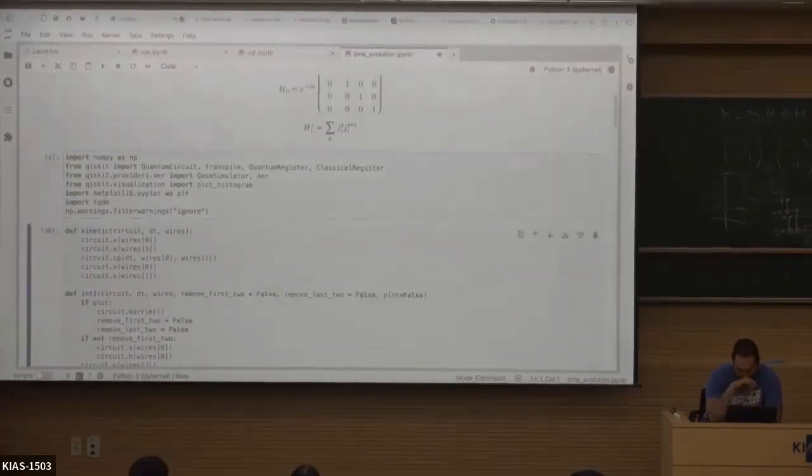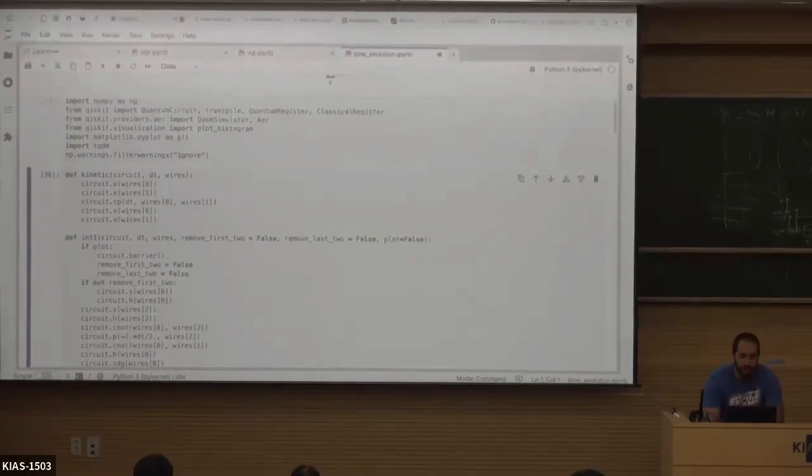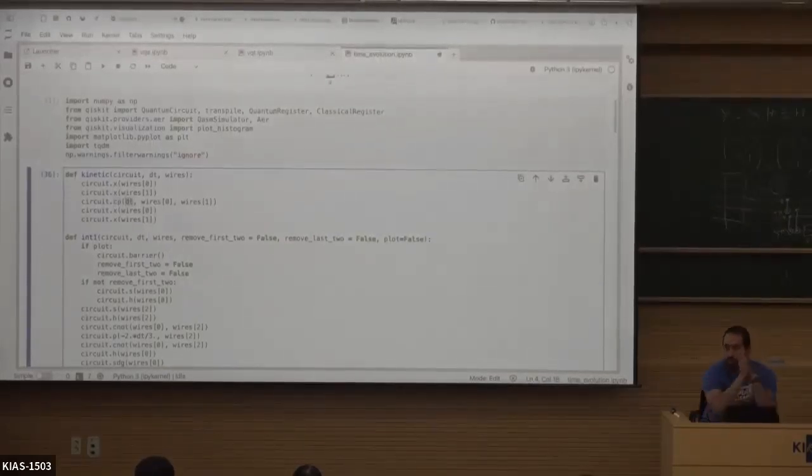So I'm going to run the entire thing, and as you can see, I defined each term separately. You can see exactly how it's applied. As I told you before, I'm applying 2 X's to initialize the circuit, and then a phase gate. The CP is the controlled phase gate with delta T. It's basically the same thing as the controlled RZ, as I showed you here, but it has a slightly different phase, so just keep that in mind.